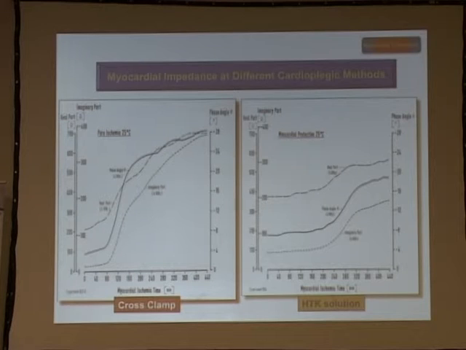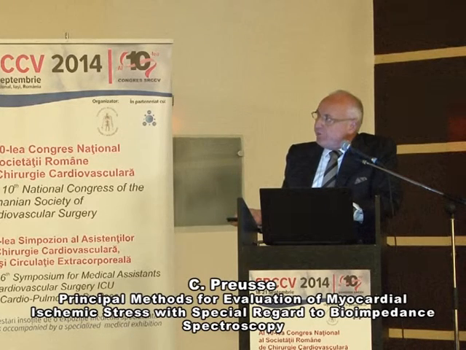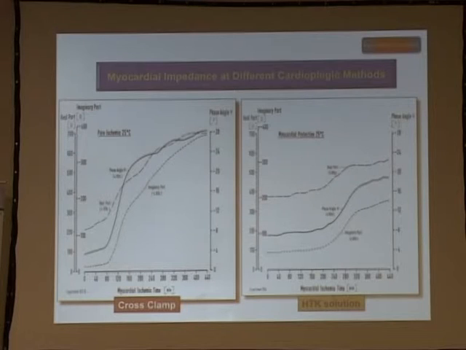And you see at first the difference: we have only a short initial plateau in the pure ischemic group, while we have a very long initial plateau phase in the HTK group, but in both groups the phase angle and both resistances change to different extents until they reach an upper plateau.